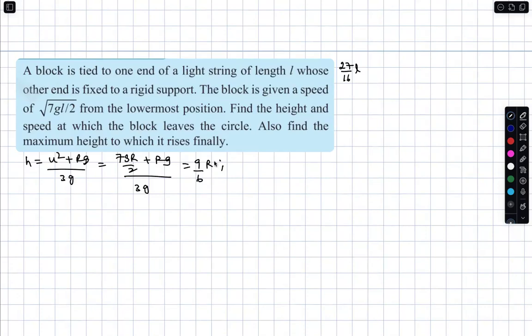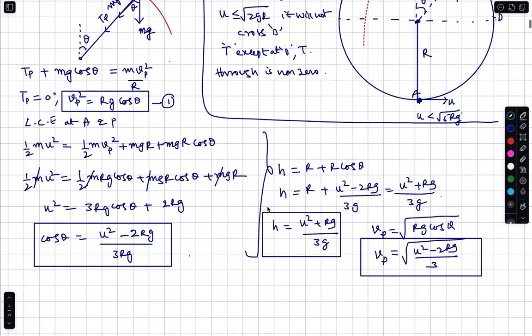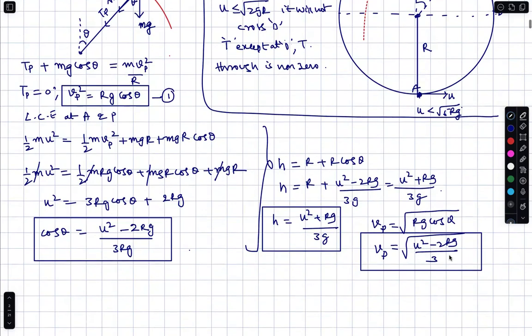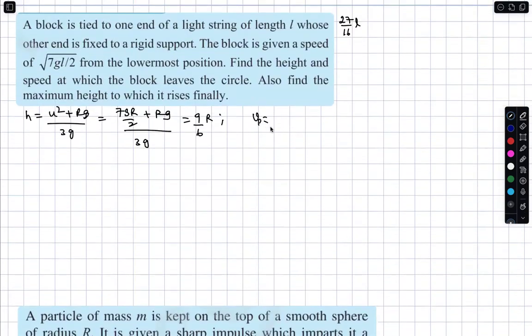Speed is required. Speed is the square root of (u² minus 2rg/3)... u² is 7gL/2 minus 2Lg, over 3.